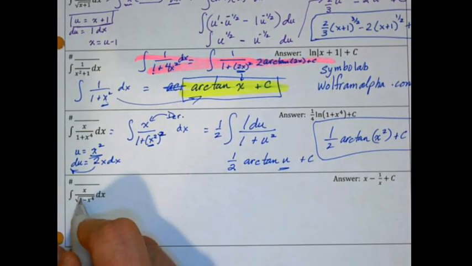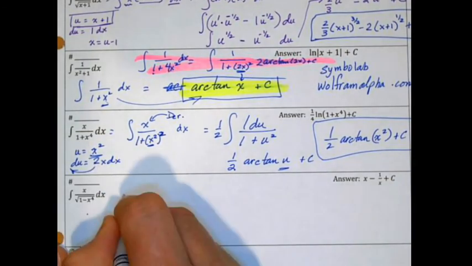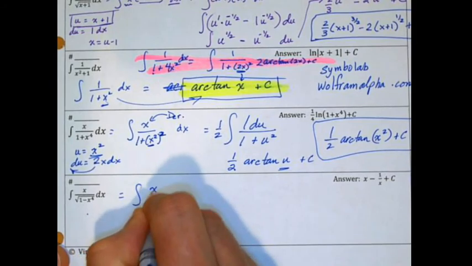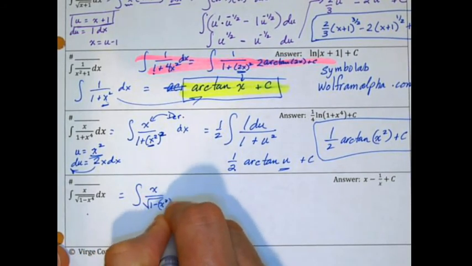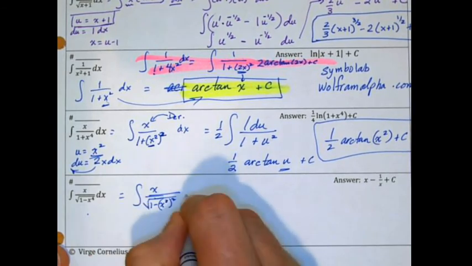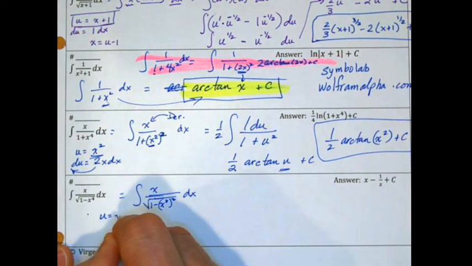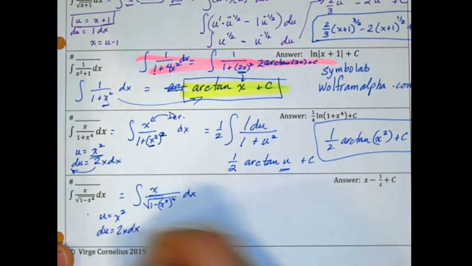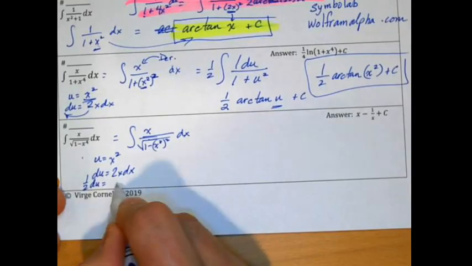So the only difference between these two is that this has a square root on the bottom. So we're going to do kind of the same thing. x over the square root of 1 minus x squared squared dx. I'm going to let u equal x squared. So du is 2x dx. So 1/2 du is x dx.